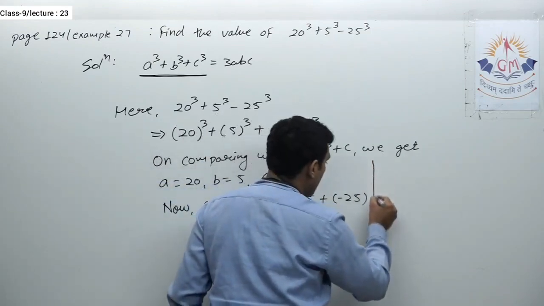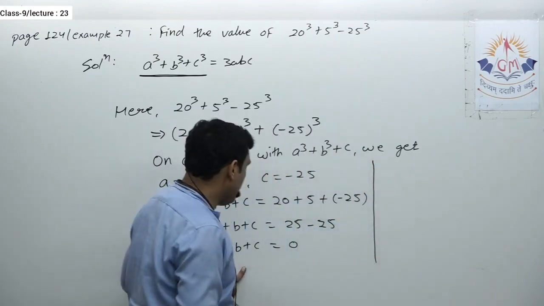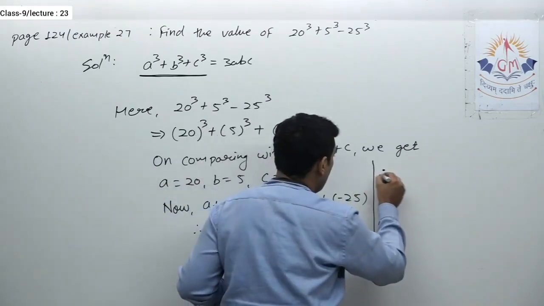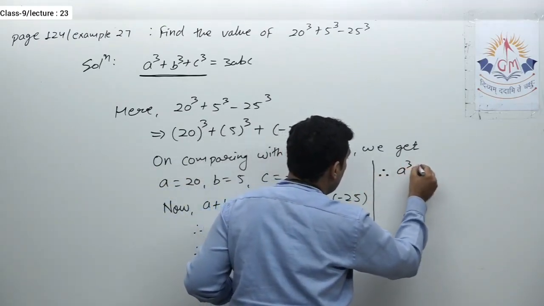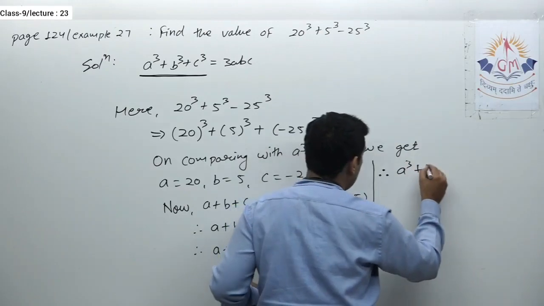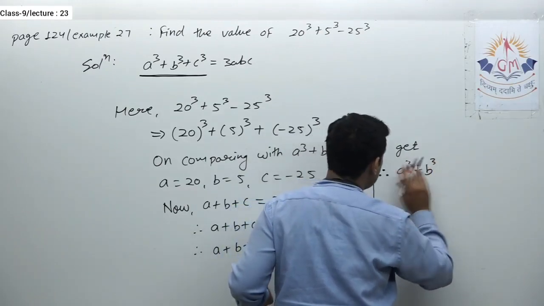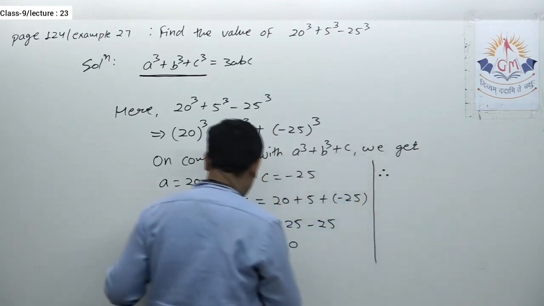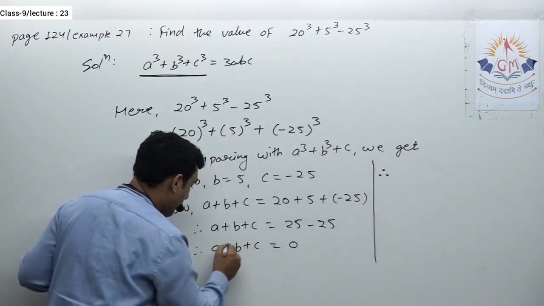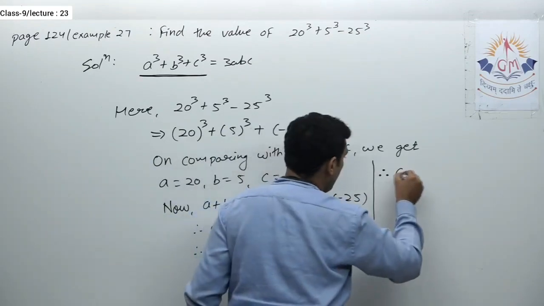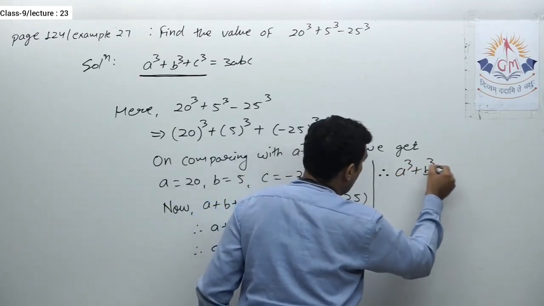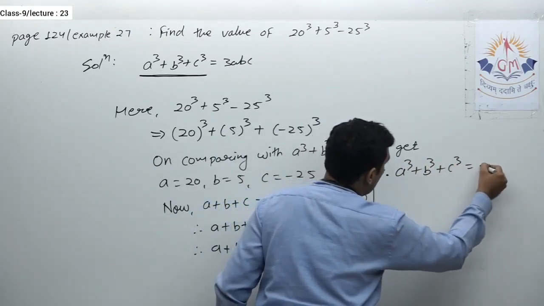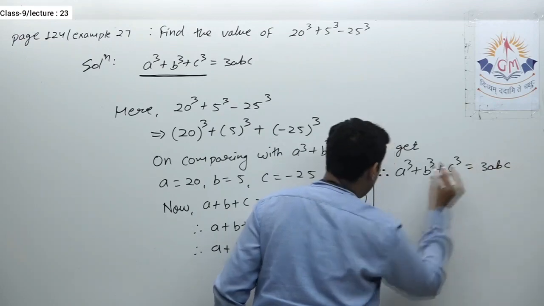As A plus B plus C is equal to 0, therefore A cube plus B cube plus C cube is equal to 3ABC. See here I got A plus B plus C equal to 0, therefore A cube plus B cube plus C cube is equal to 3ABC.